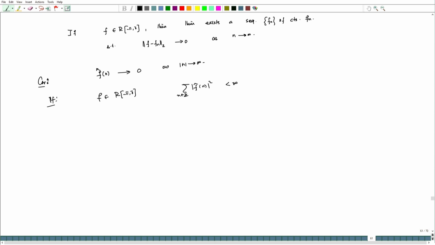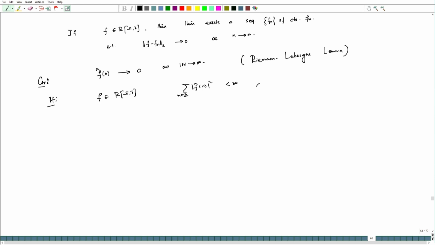So, hence this sum of mod f hat of n squared is a convergent series, therefore the nth term will go to 0, that is the Riemann-Lebesgue lemma. This is another way to prove the Riemann-Lebesgue lemma.